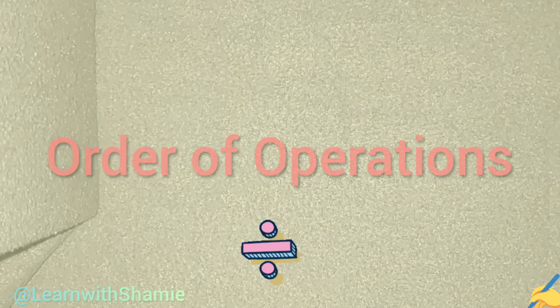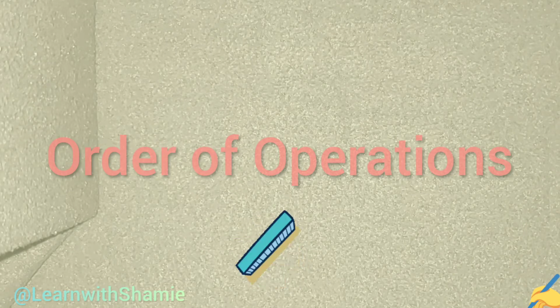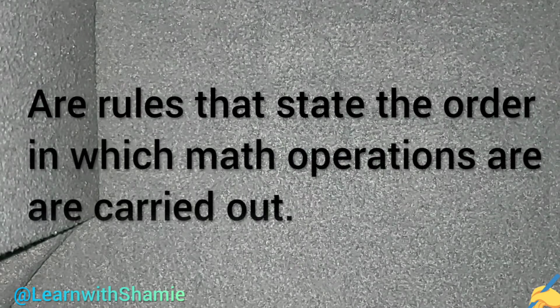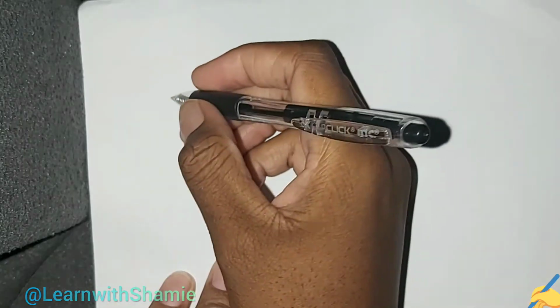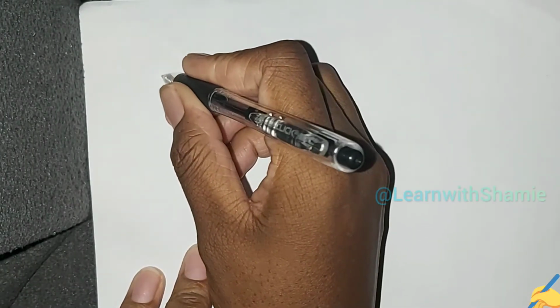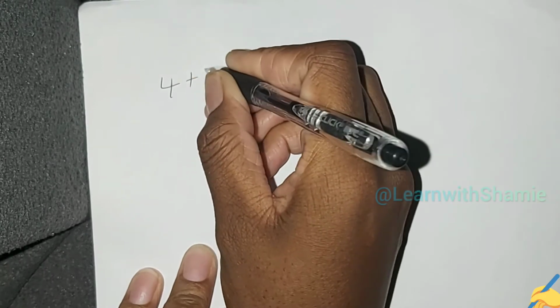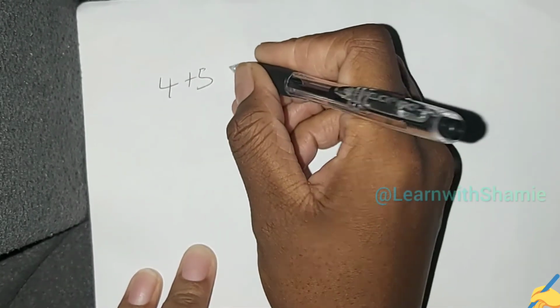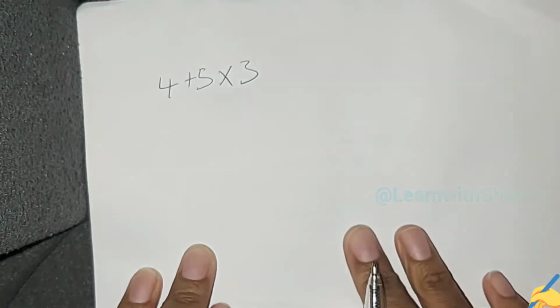Now, when you hear the term order of operations, these are rules that state the order in which math operations are carried out. For example, you have an equation 4 plus 5 multiplied by 3.